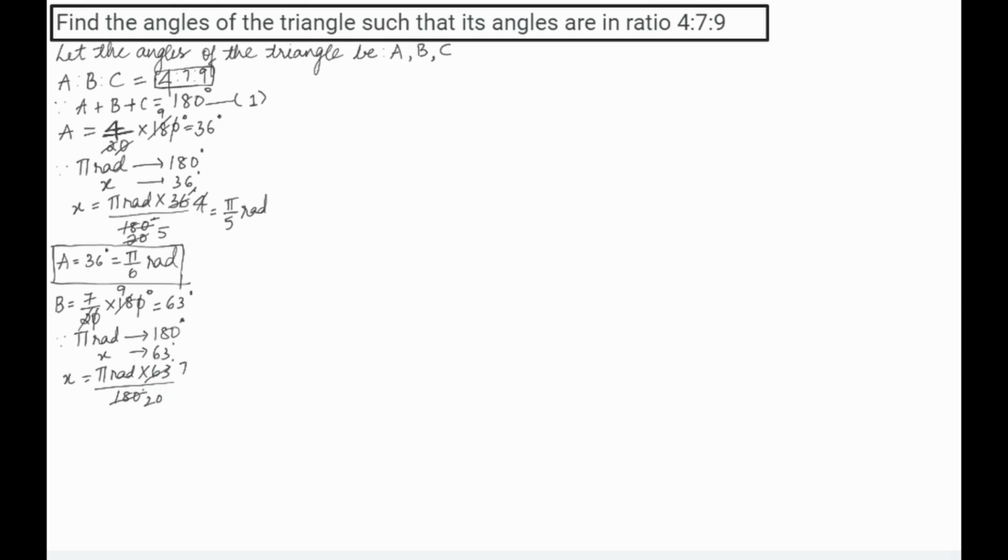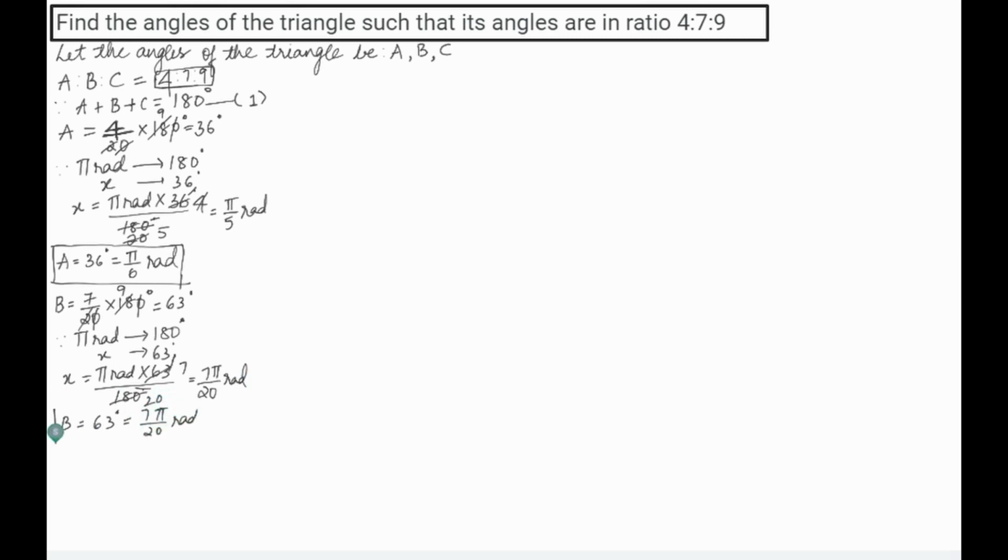The degree units cancel out each other. So we have 7 pi by 20 radians. Therefore angle B is 63 degrees, which in radians is 7 pi by 20.